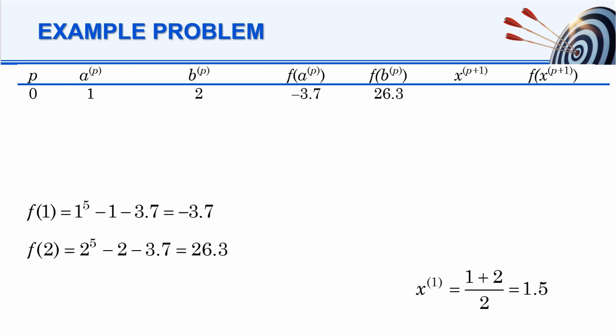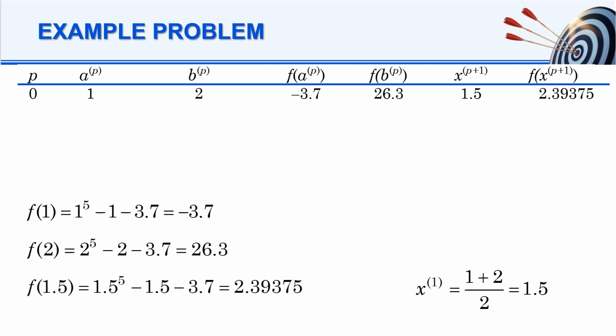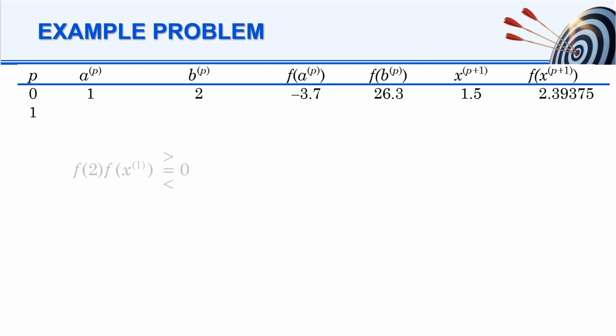Likewise, we evaluate the function for x equals 1.5. Now, to narrow down the search interval, we will check the sign of f2 times fx1. We observe that f2 times fx1 is positive, so we will keep the left interval or discard the right side.